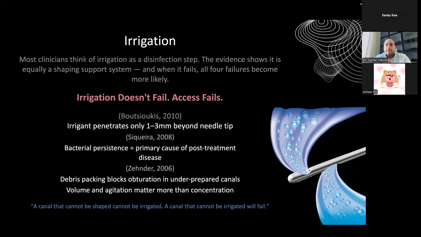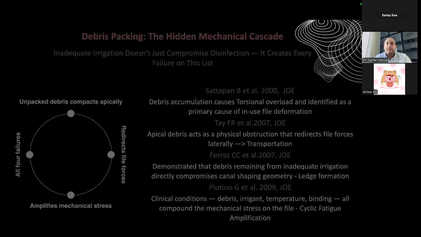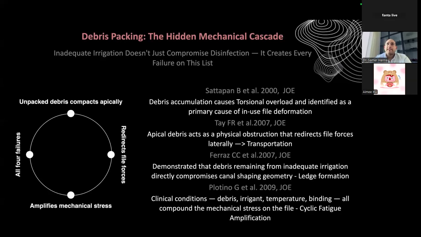Irrigation doesn't fail, but access fails. So irrigation itself doesn't fail, but access to bacteria, access to areas in the canal, is always the reason for failure. But does irrigation only affect the disinfection, or does it have an effect over the files that I'm using? Definitely, irrigation is a contributing factor in the failures that we talked about.